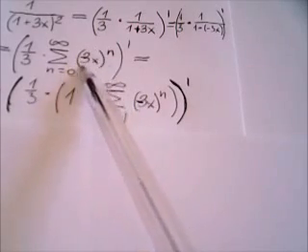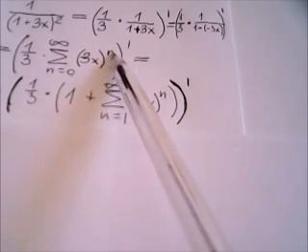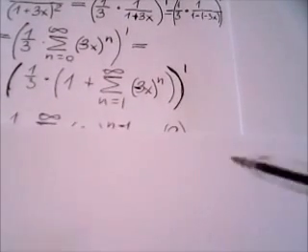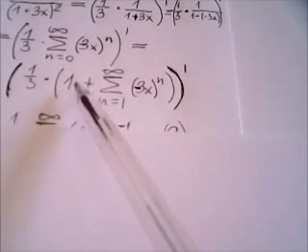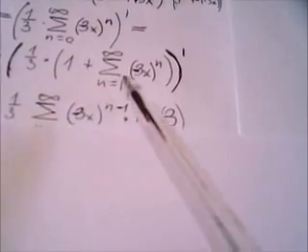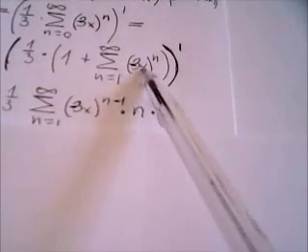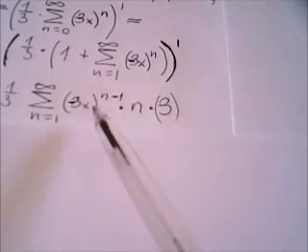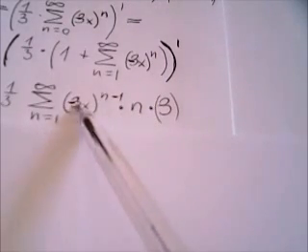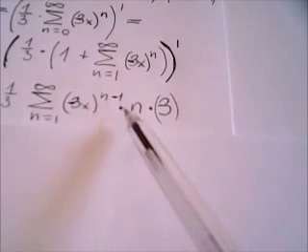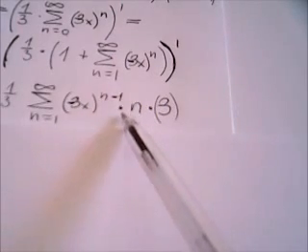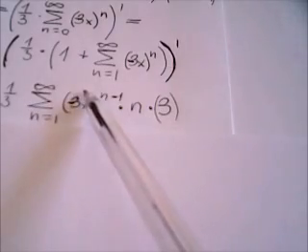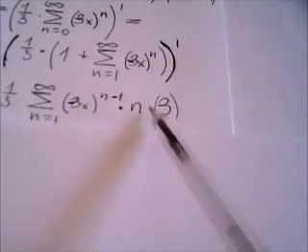Minus 3x to the power 0 is 1. The derivative of 1 is 0. The derivative of minus 3x to the power n is minus 3x to the power n minus 1 times n times minus 3, because the derivative of minus 3x is minus 3.